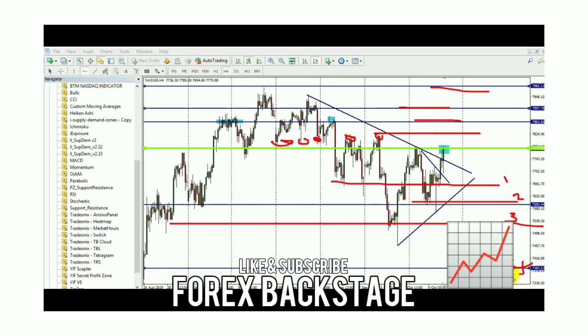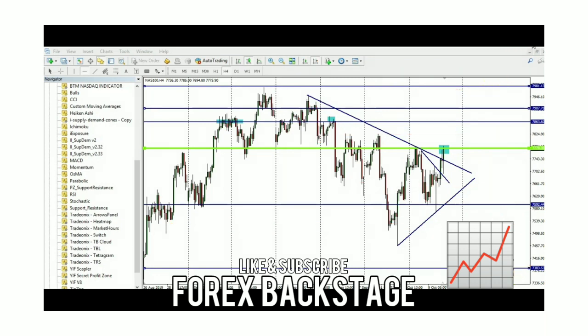We put take profit where the market respected, because if the market is going up and reaches this line, it will do something. It will return to this previous resistance and make it a support, and then again go up. This is what the Nasdaq does.